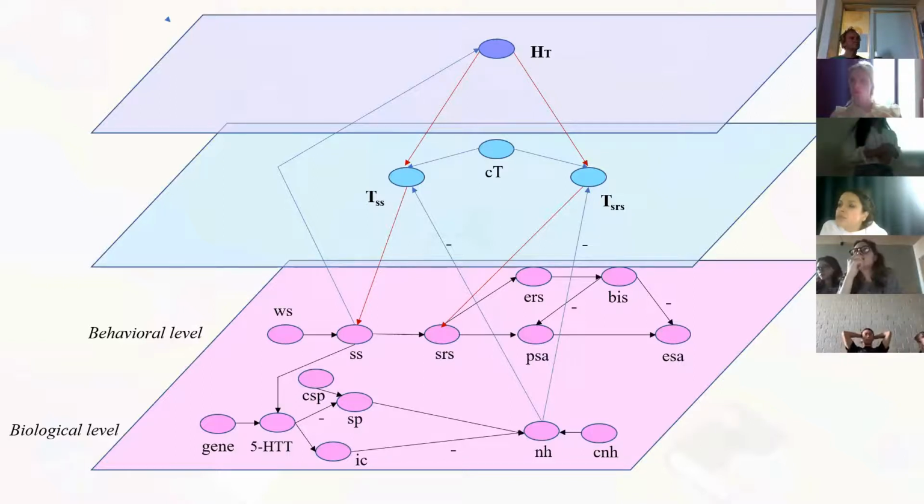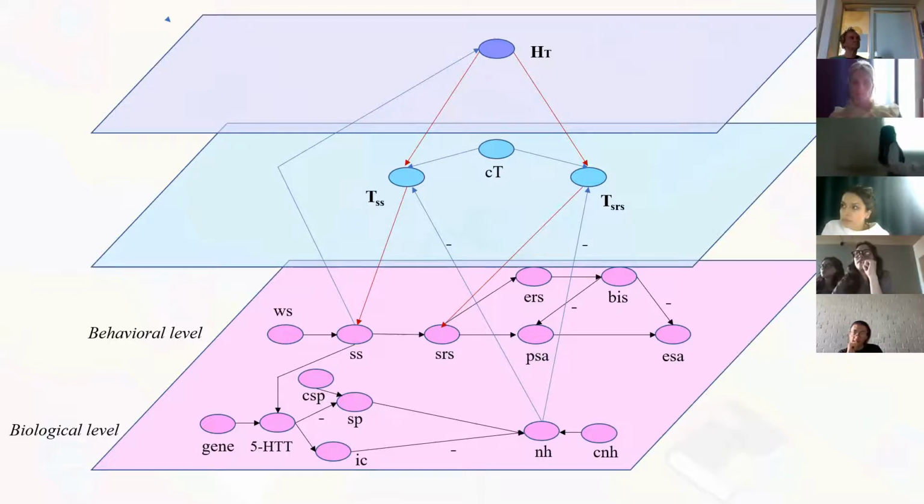As I explained before, first of all, we have a gene over here, and we have serotonin, which is another name, and it can decrease your spine density and increase your inhibition control, and both of them contribute to the neural hyperexcitability that you have. That's the biological level.